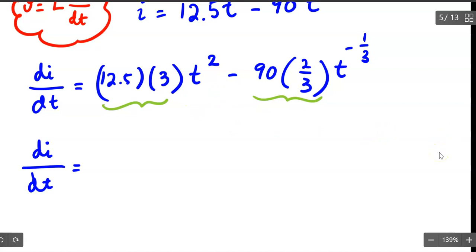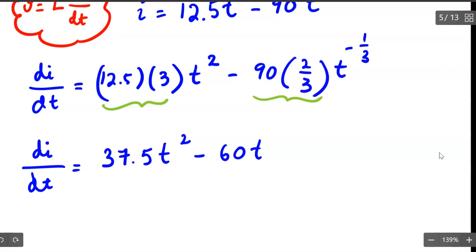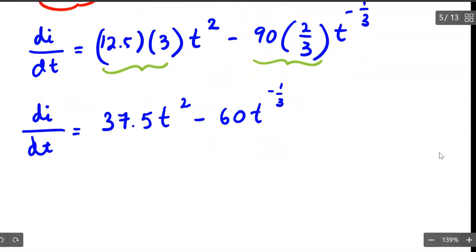So I'm giving you this simplified differential equation for the instantaneous current with respect to time. So right here I should have t to the negative 1/3. Okay, so I simplify the equation to this, and then the next step is I'm going to apply my formulas.